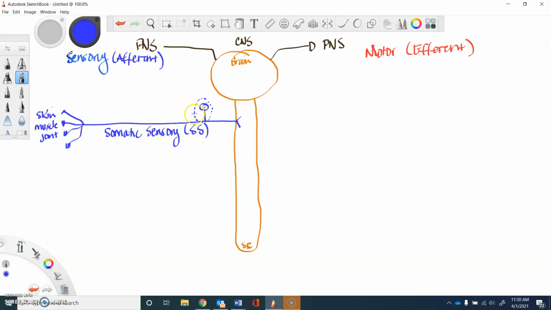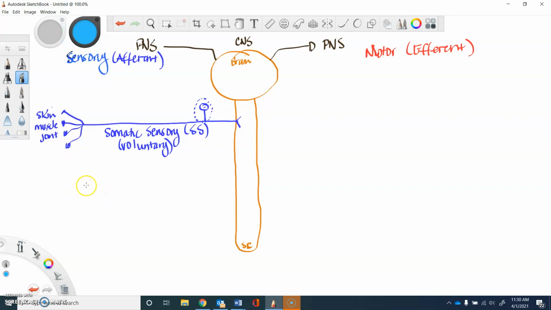All right, these types of neurons are going to be voluntary. Meaning that they are conscious. When you feel something, you know about it. Okay?